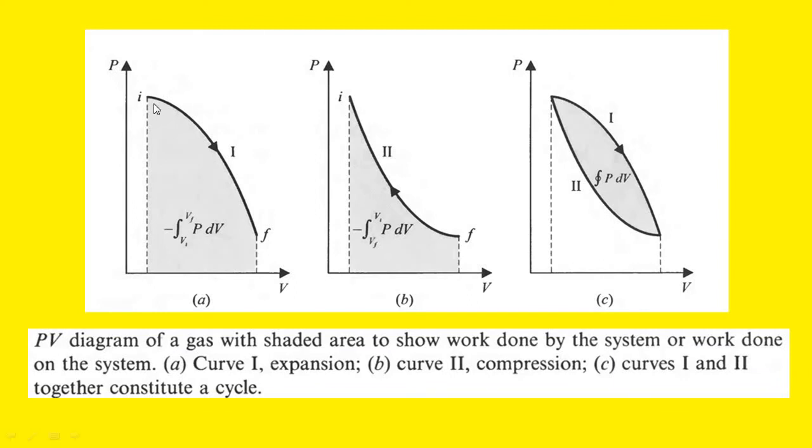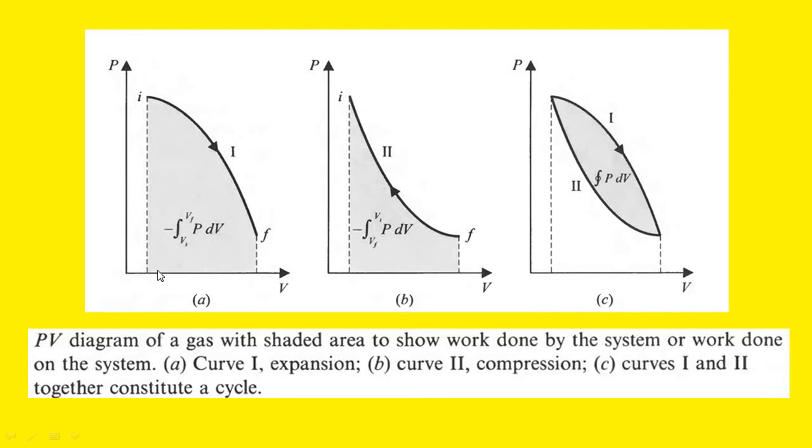So this side will be P and this side will be dV. So this P into dV will be the area of such a small strip.